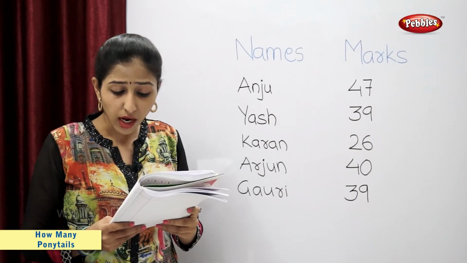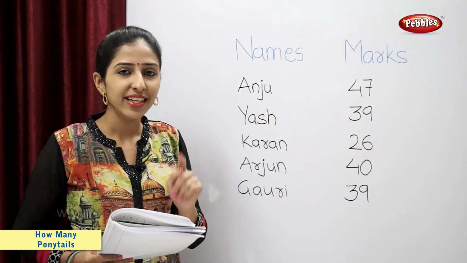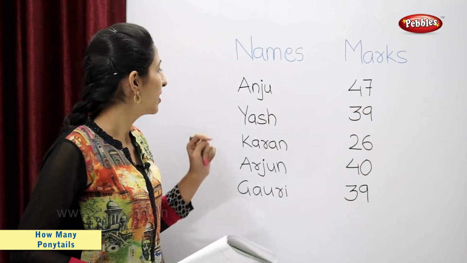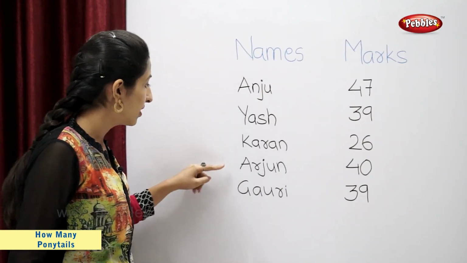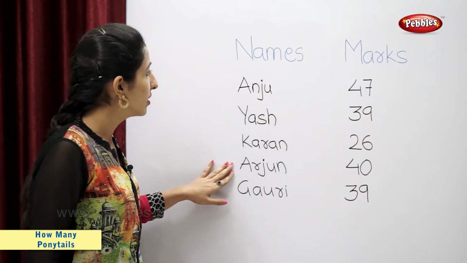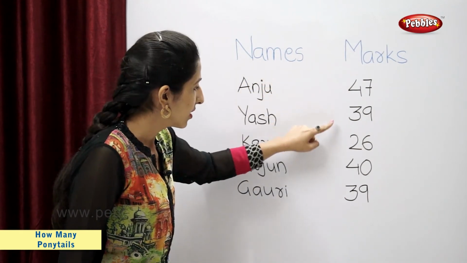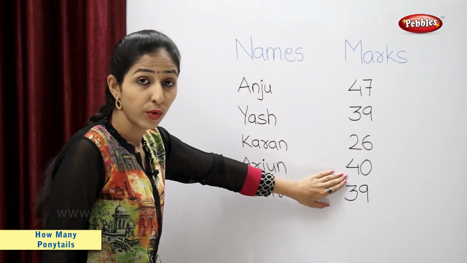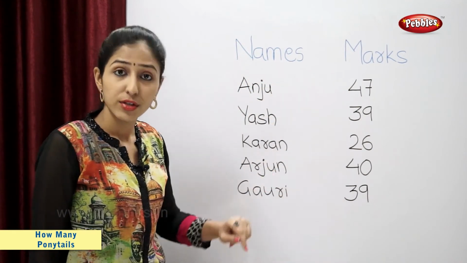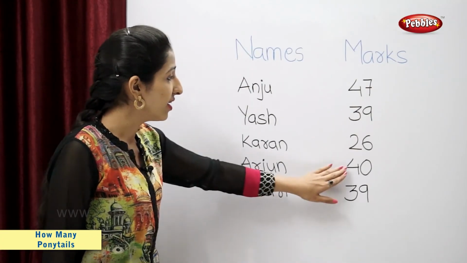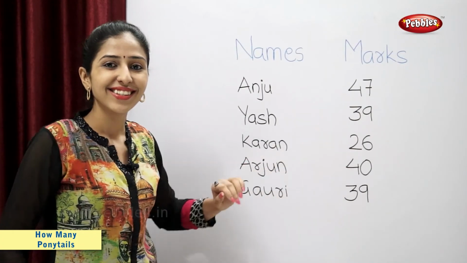How many marks Arjun scored? Let's find this out. Arjun scored 40 marks. So, Arjun scored 40 marks.